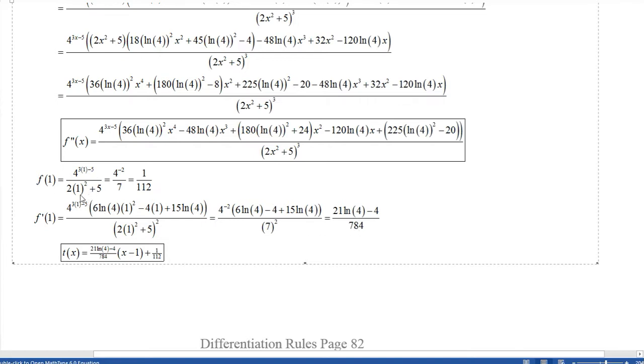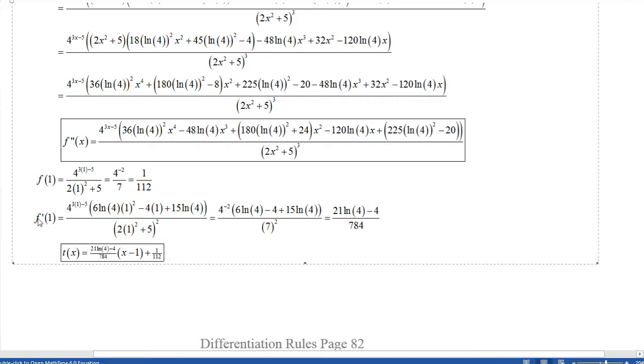In the numerator, we get a 1 here, so this is 6 natural log of 4, minus 4, plus 15 natural log of 4, that's 21 natural log of 4 minus 4. Or again, I could write it as 42 natural log of 2 minus 4 over 784. But anyway, that's the y value.